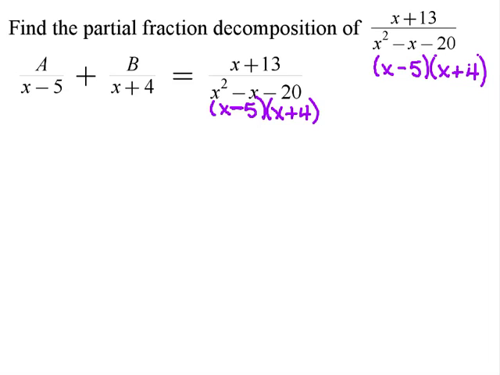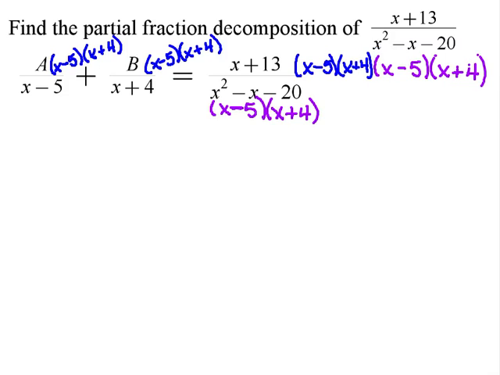So what I'm going to do is multiply each of these fractional parts by x minus 5 and x plus 4. I'm going to multiply each of the parts by the common denominator.